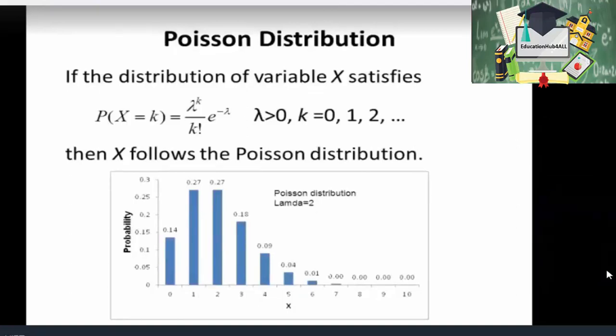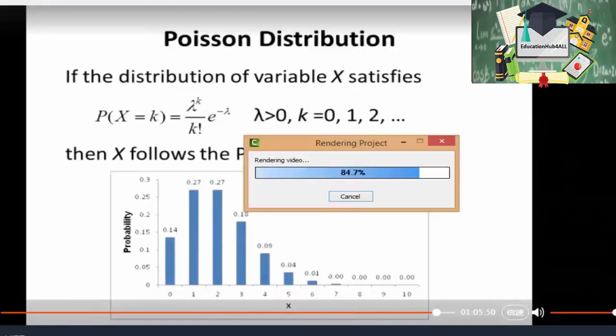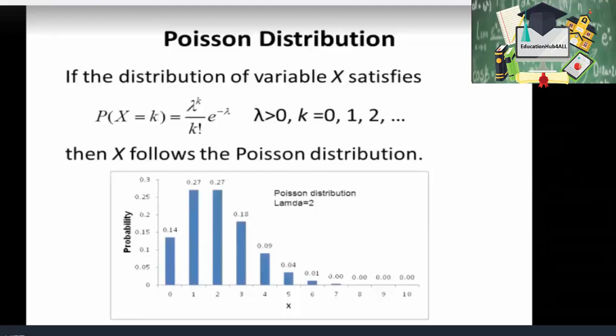But someday, if you are lucky, like me, I don't expect to receive any phone call. It's a very quiet day. Sometimes you may receive 10. But if the average is 2, the probability to receive 10 is very low. But how low? This distribution actually tells you.